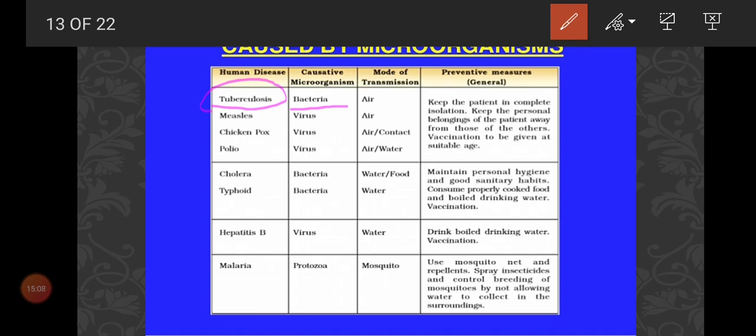The TB patient has a bacterium. Generally we just call it a bacterium, but when you come to higher classes you will know its name. We call it Mycobacterium tuberculosis. This Mycobacterium tuberculosis is a bacterium that causes the tuberculosis disease in human beings.